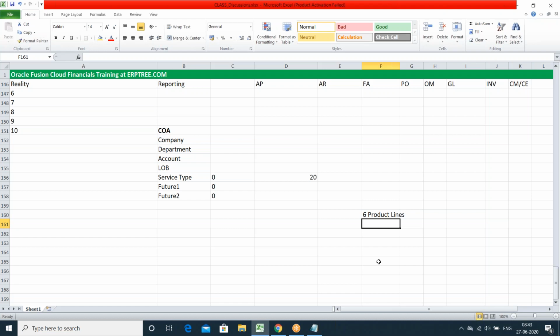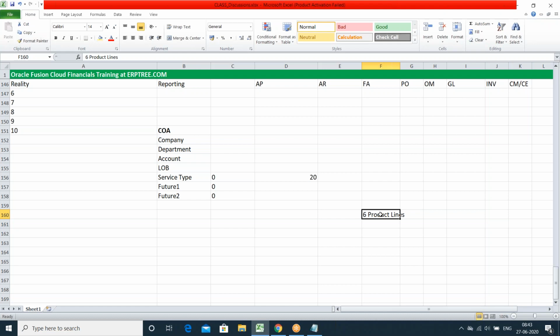So product line is nothing but the summary, the grouping, of the products you are dealing with, for spending or revenue generation.